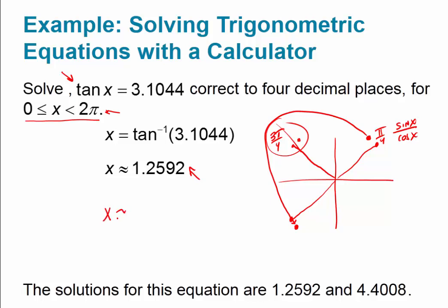So I would say x, it's still an approximation because we used our calculator to get it, and I would add pi to that answer, and that gives me my second approximation, which we can see right down there is 4.4008. Make sure when you're adding this pi, we're trying to be as accurate as possible, so use the pi key on your calculator. Don't use 3.14. Go ahead and use your pi key. So you just push 1.2592 plus and then hit your pi key to get that second answer.